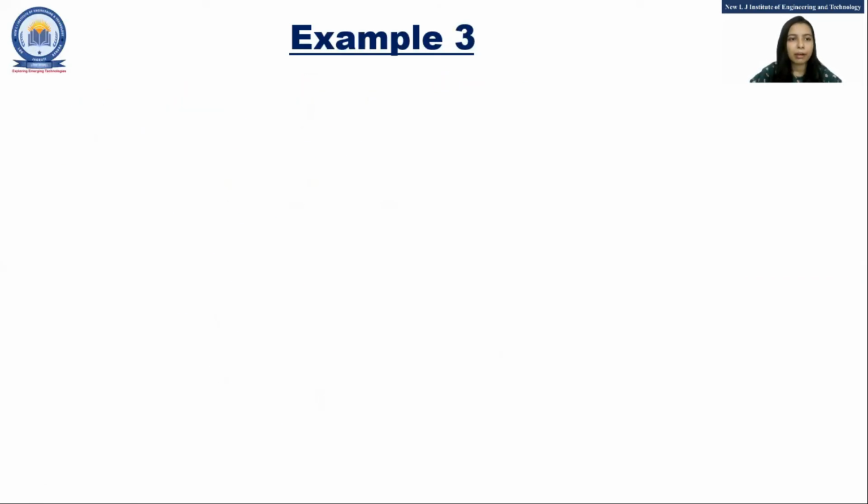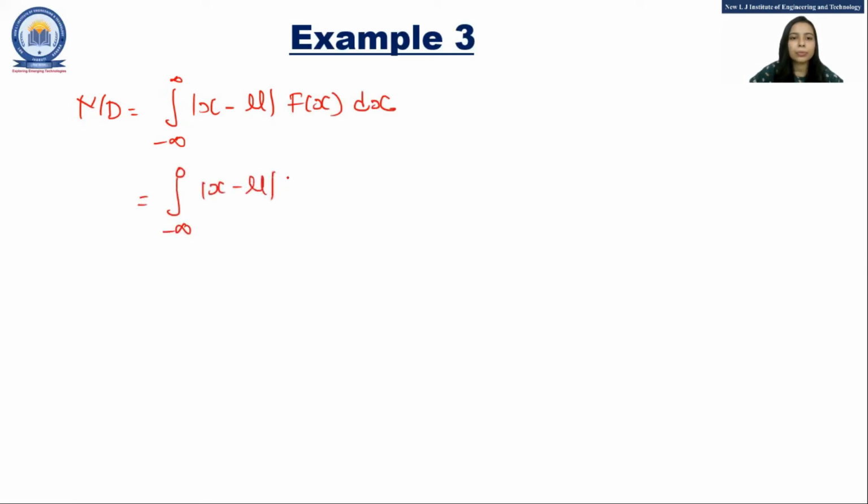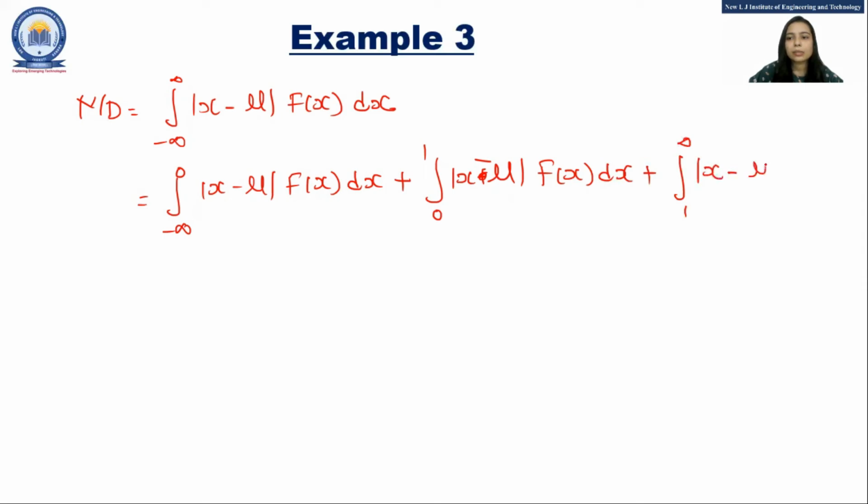Now the next thing that we have to find is mean deviation. So mean deviation is equal to integration from minus infinity to infinity of mod x minus mu times f of x dx. So that is minus infinity to 0 of x minus mu f of x dx plus 0 to 1 of x minus mu f of x dx plus 1 to infinity of x minus mu f of x dx.